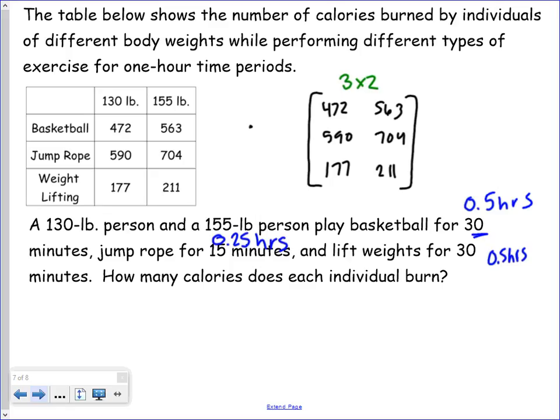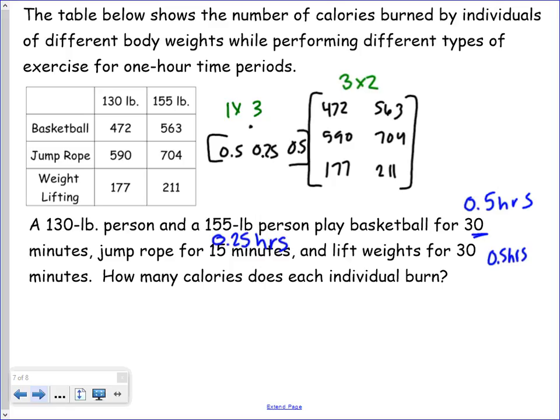So I would use the 1 by 3 matrix, and then I would put them in the order they come in the rows of the other one. I've got basketball, jump rope, weightlifting. So I would start with basketball's 0.5, jump rope is 0.25, and weightlifting is 0.5.